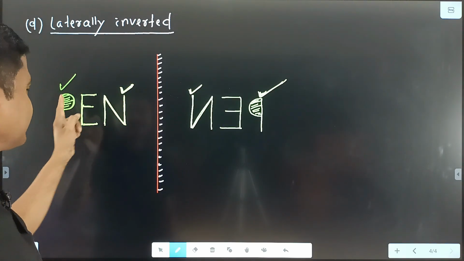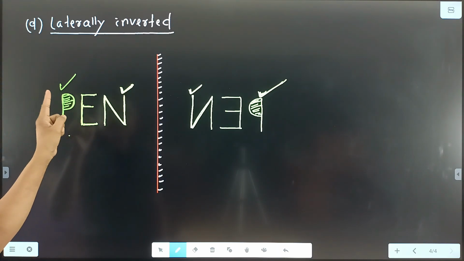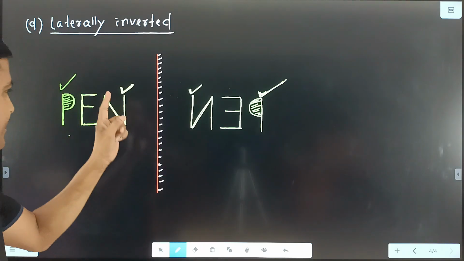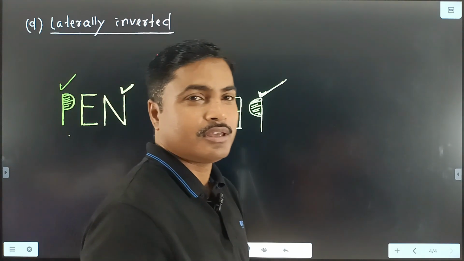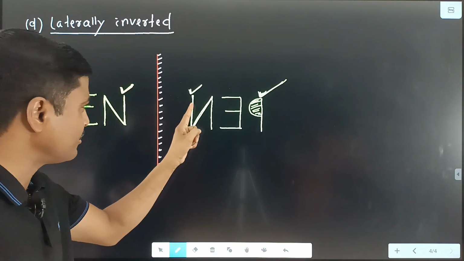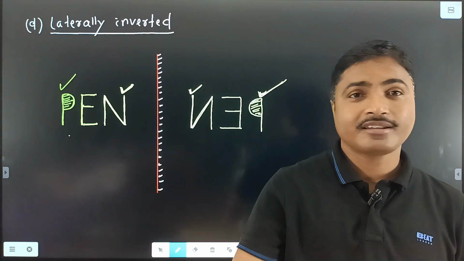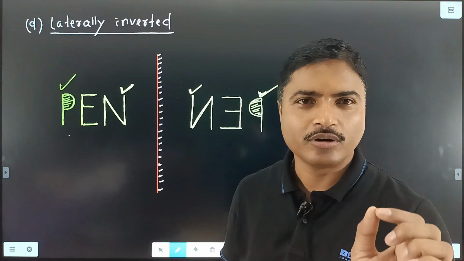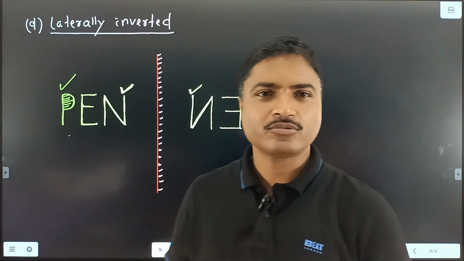If the left of the object is situated in the right of the image, and the right of the object in the left of the image, that is known as laterally inverted. Clear?